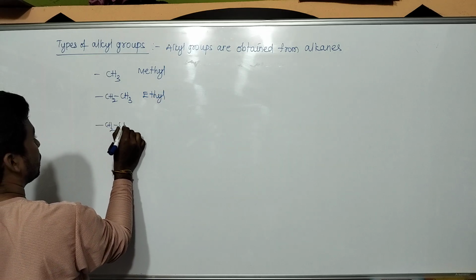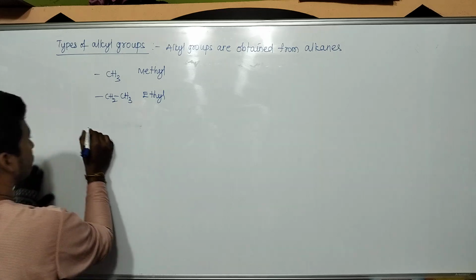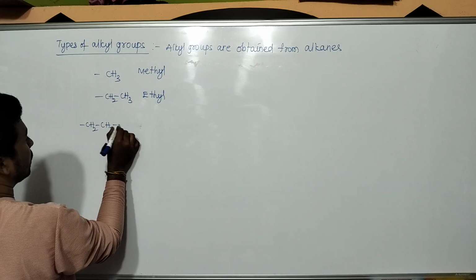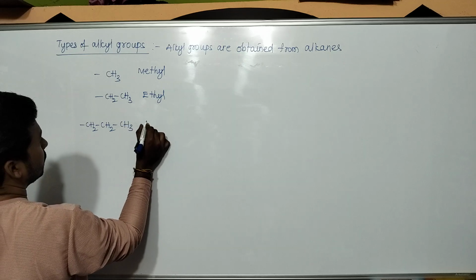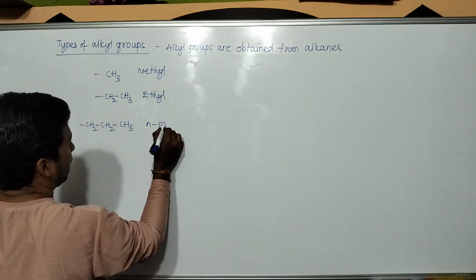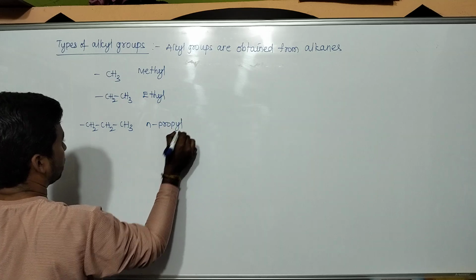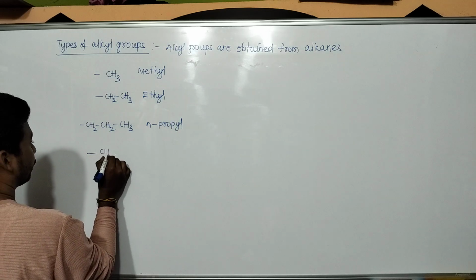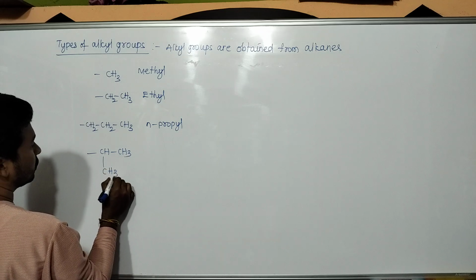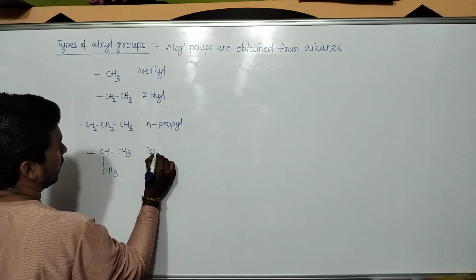CH2CH2CH3. This is propyl, n-propyl. And this is also propyl, but we call it isopropyl.